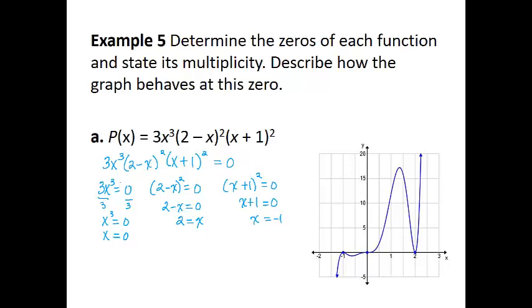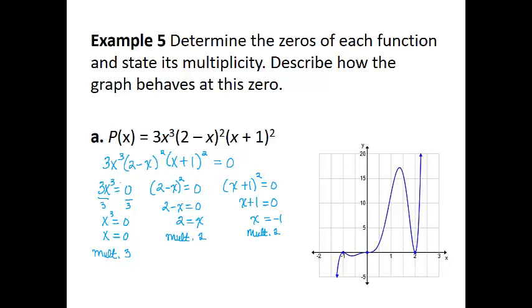But we have to state their multiplicity. So 0 has a multiplicity of 3, right? Because the exponent attached to that factor was a 3. For 2, there's a square on that factor, so the multiplicity is 2. The negative 1 comes from this (x plus 1) squared, so it has a multiplicity of 2.